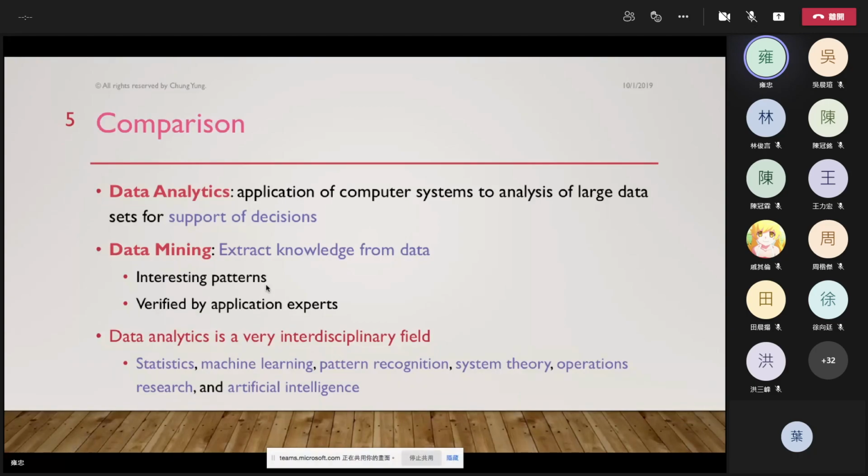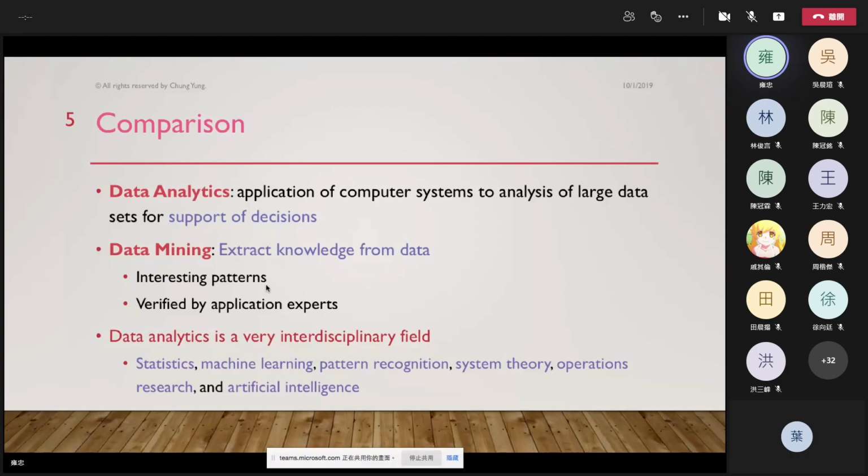For data analytics, the application of computer systems to analysis of large data sets to support decisions.